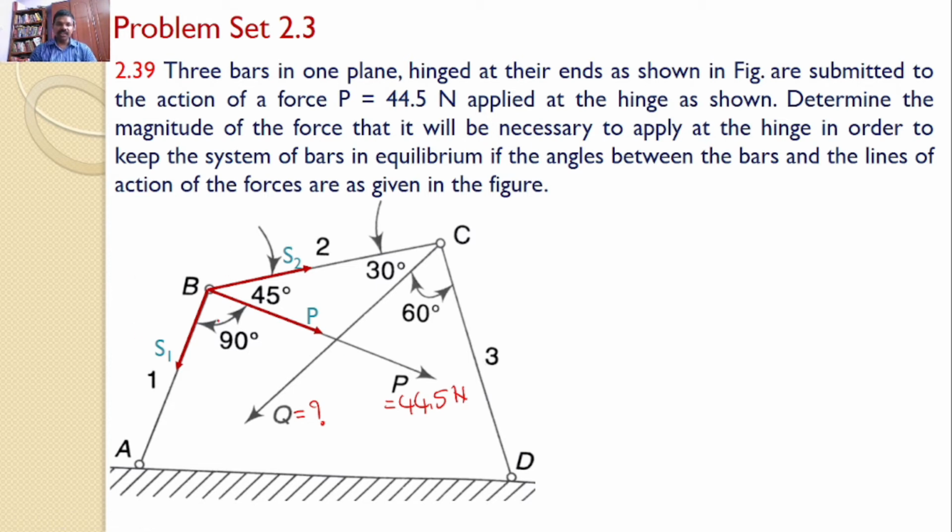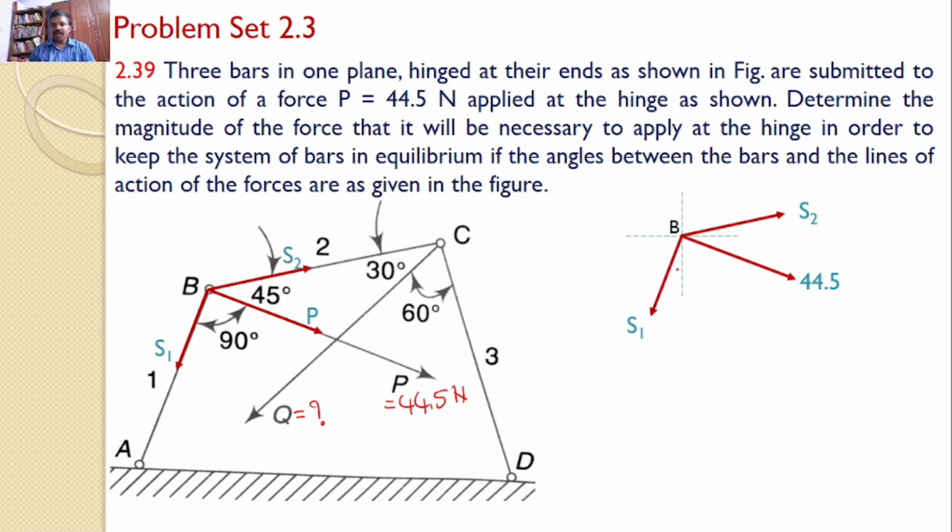Let us transfer these three forces onto a separate XY plane so that we can analyze easily. This is the free body diagram at B. The first force I am transferring, that is P equal to 44.5 newtons. Next force is S2 and the force is S1.